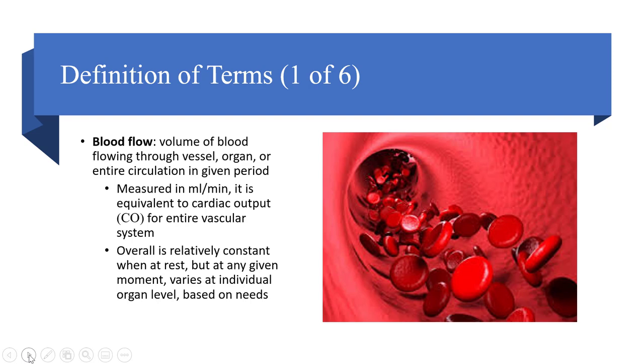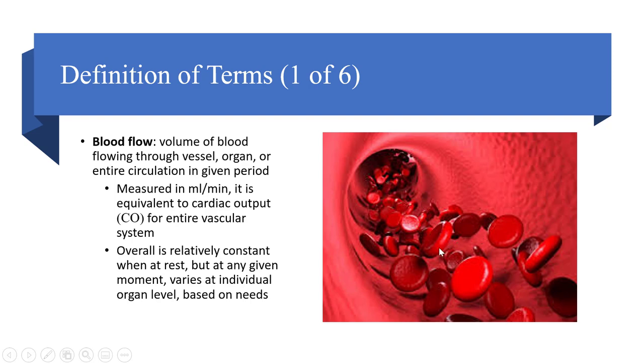But before we do that, we have a few terms that we would like to consider looking at. The first one is blood flow. You could see here red blood cells that are circulating inside a big blood vessel. This is definitely not a capillary, so it could be an artery.